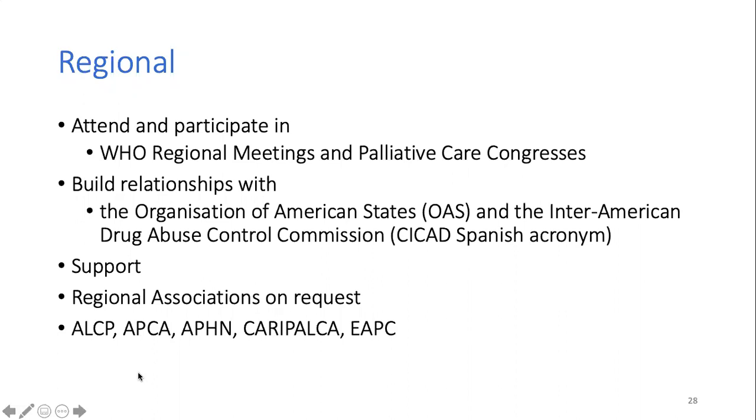And the Inter-American Drug Abuse Control Commission is the organization that should be improving access to controlled medicines in the Americas. And then we support regional associations on request, such as ALCP in Latin America, APCA in Africa, APHN in Asia, Carapulca in the Caribbean, and IAHPC in Europe.